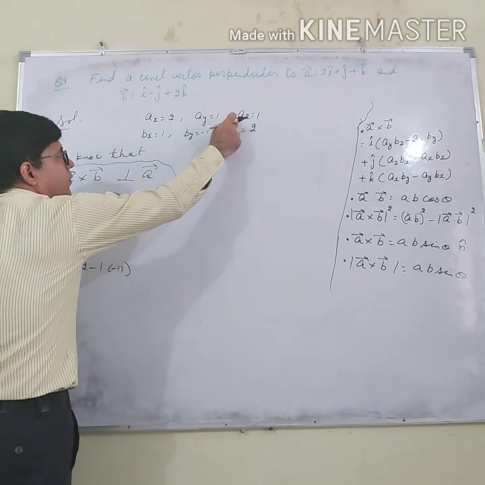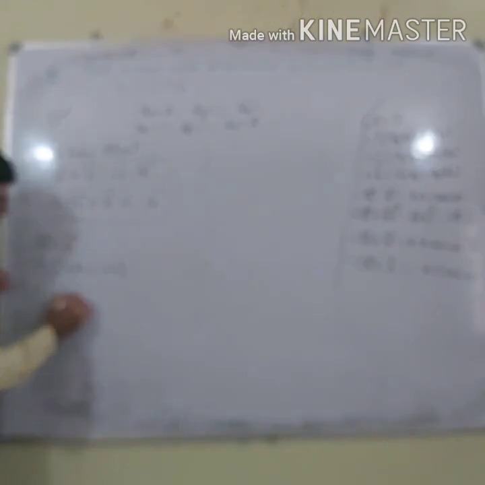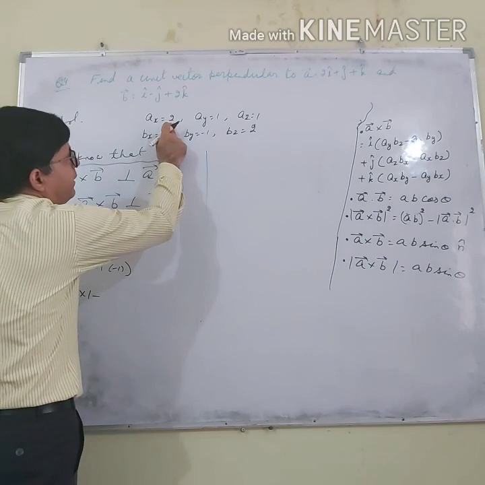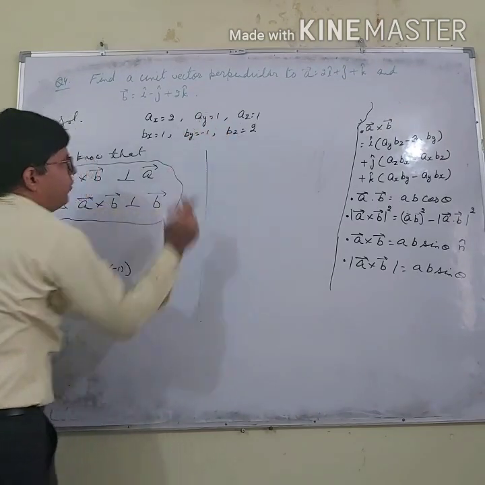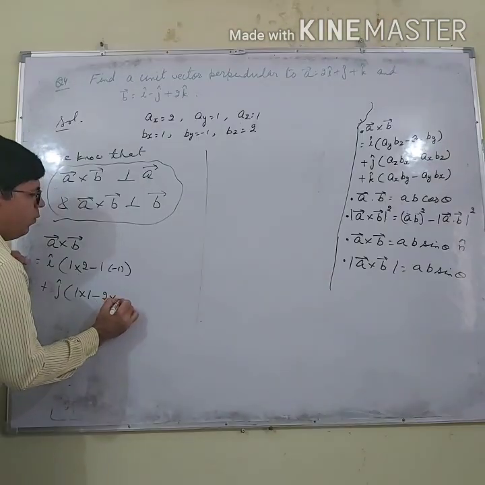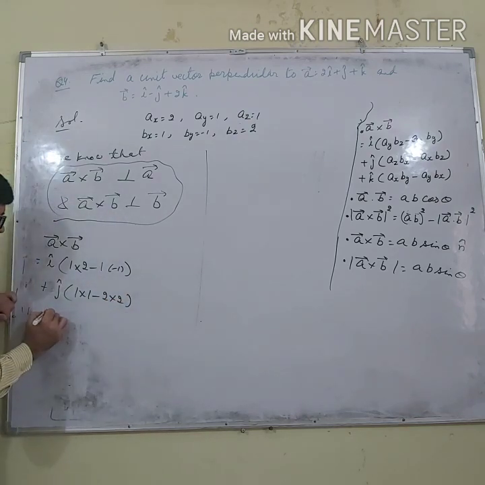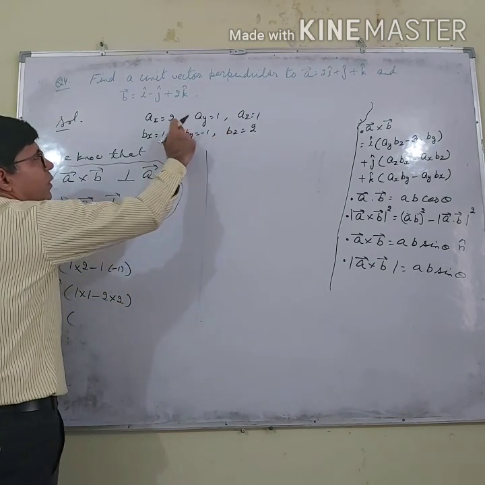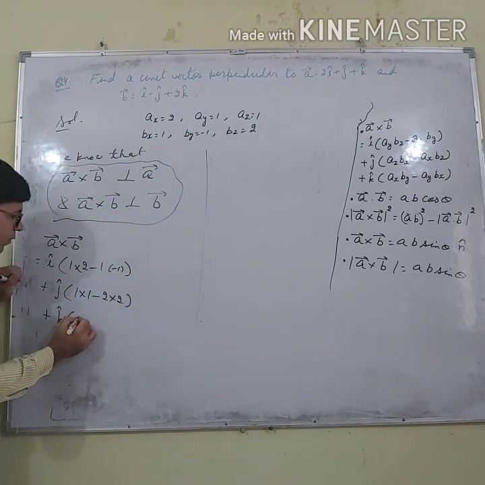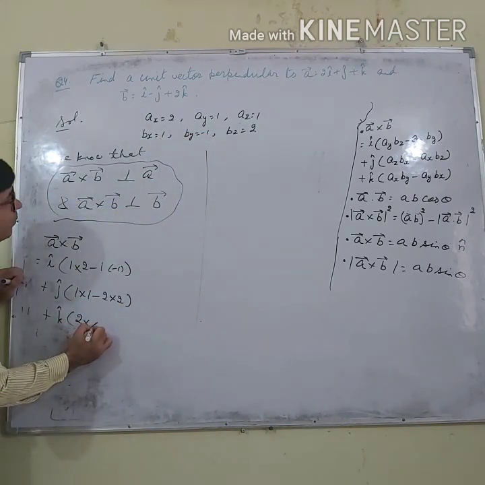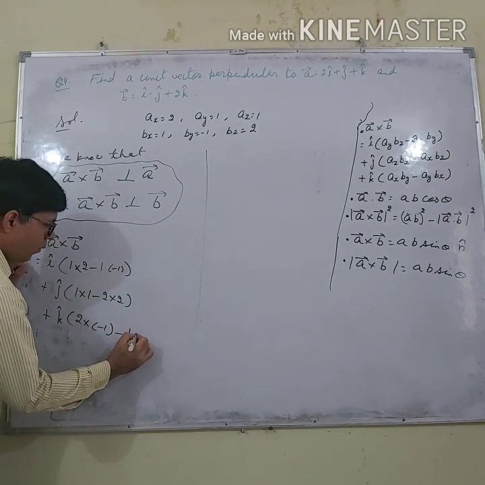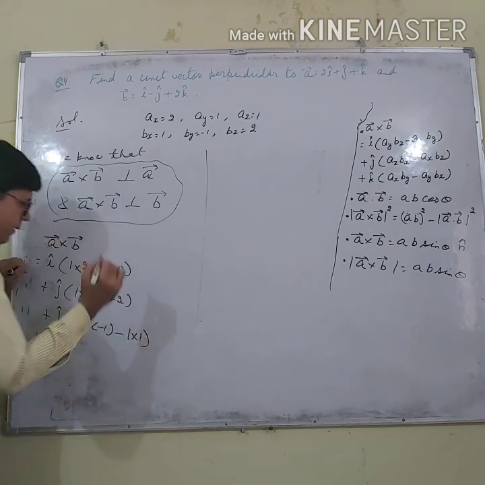So it is zx: az by, 1 by 1, minus ax bz, 2 by 2, and plus k vector. Unit vector k means Z axis, so remove the terms of the Z axis, only X and Y will participate. It will be 2 multiplied by minus 1, minus 1 by 1.